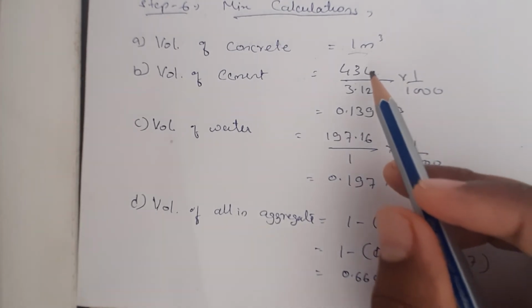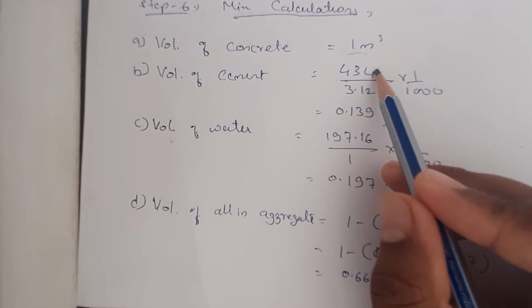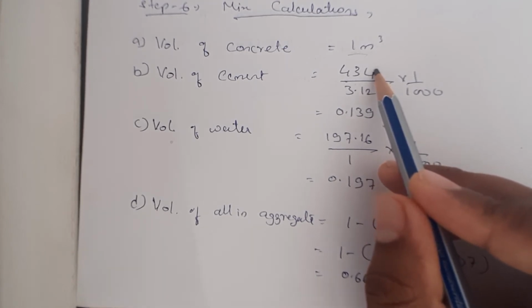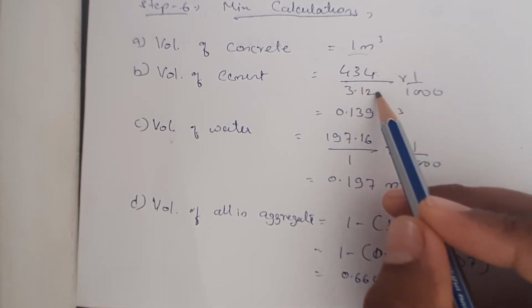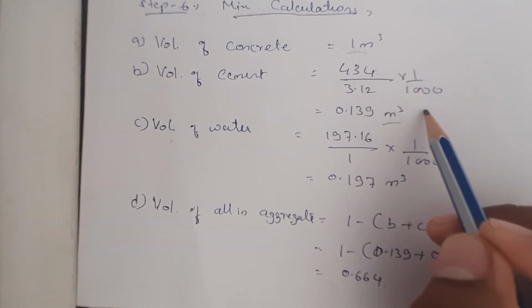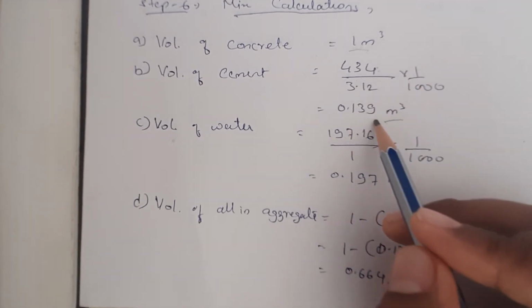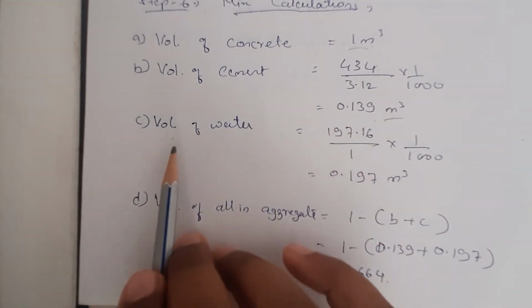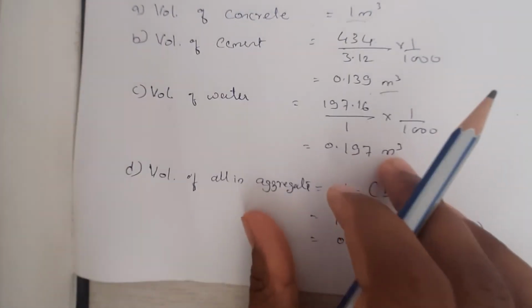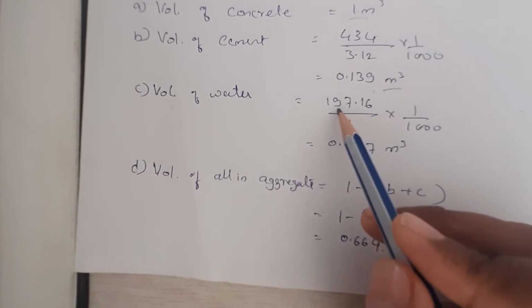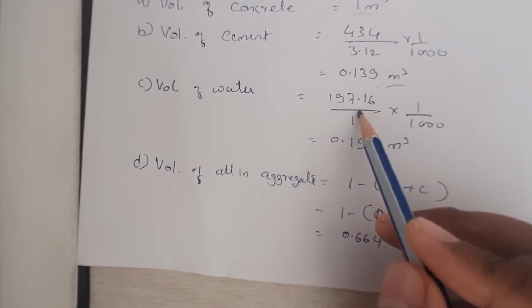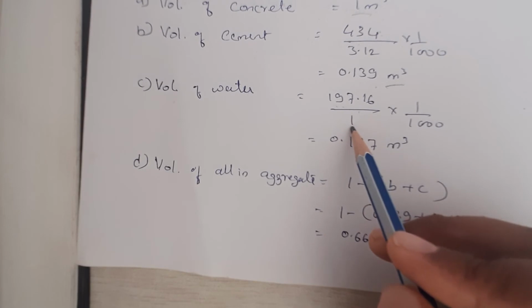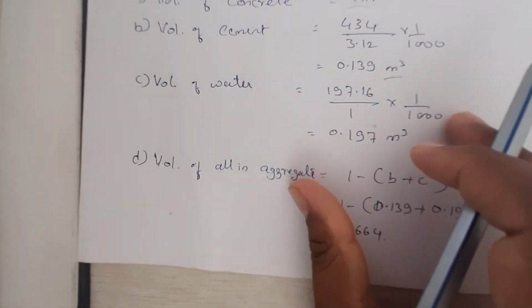That is, amount of cement divided by specific gravity into 1 by 1000 gives the volume of cement, that is 0.139. Similarly, the volume of water content, as we have calculated, is 197.16 liters divided by the specific gravity of water, which is 1, into 1 by 1000.